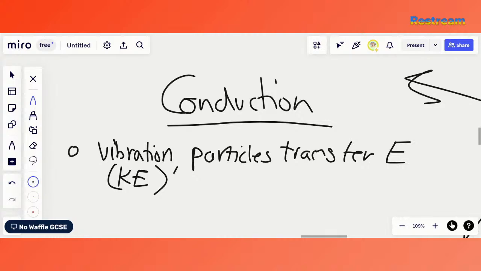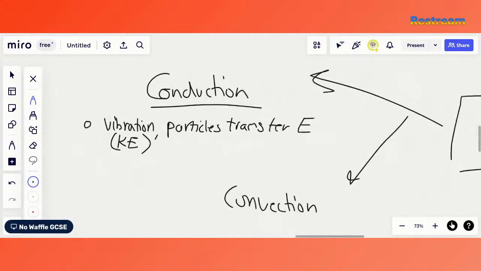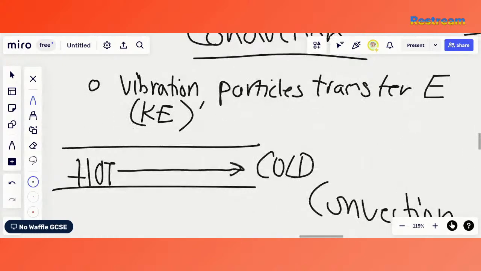This process continues throughout the object until the energy is transferred to the other side, from the hot end to the cold end.